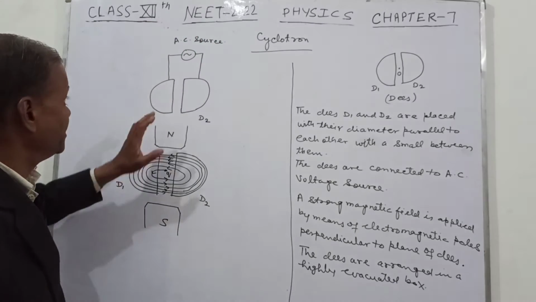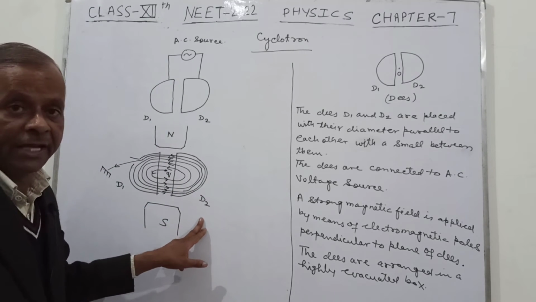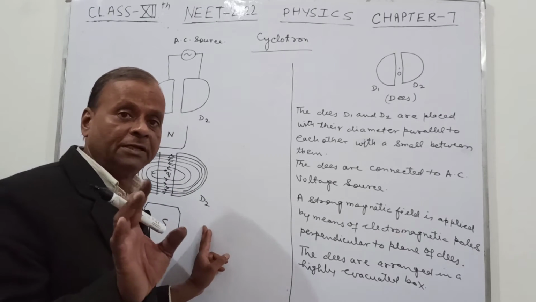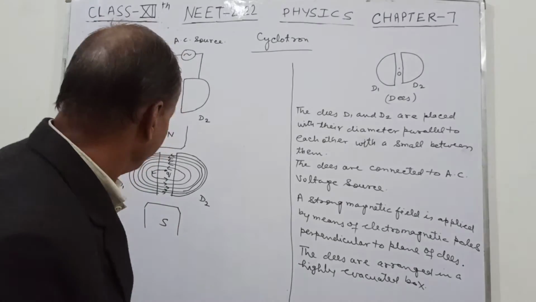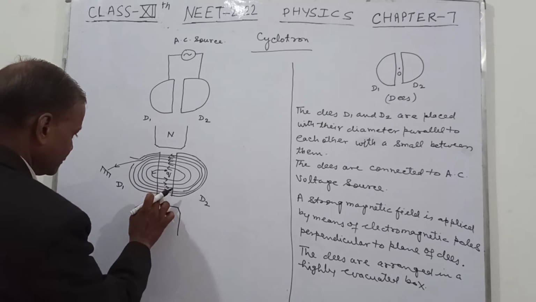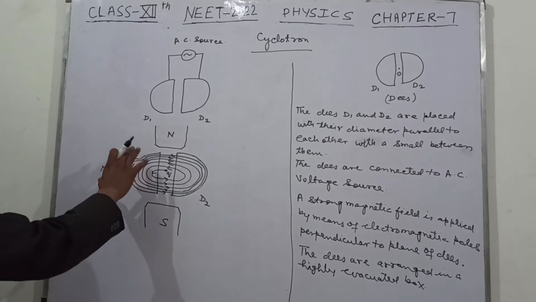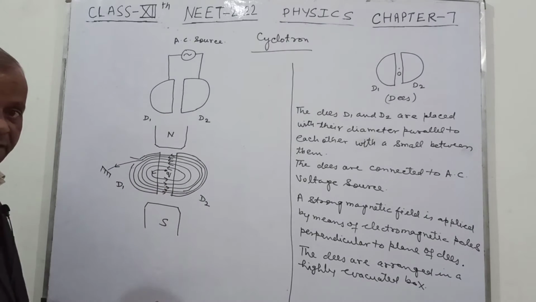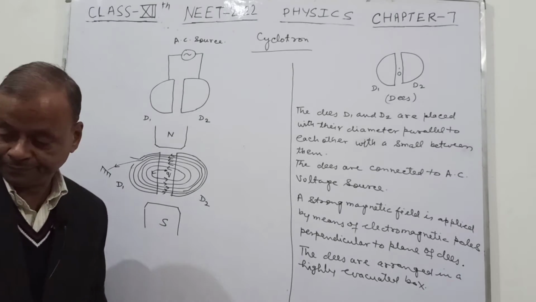So this is accelerated by this source, while the magnetic field has only the action that it rotates the particle in the semicircular path. All this arrangement is made in a highly vacuum chamber or box.